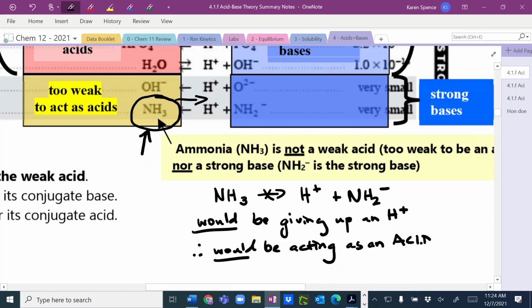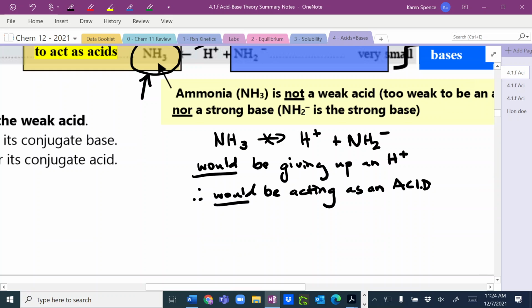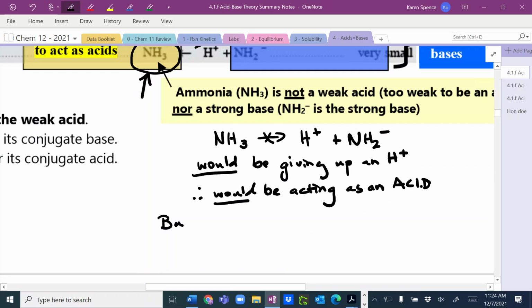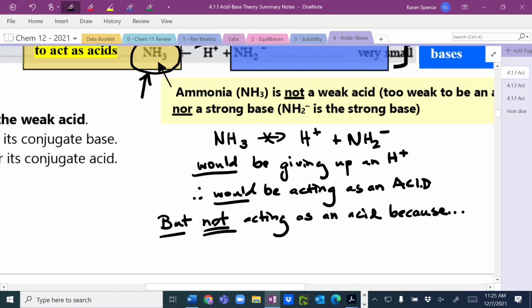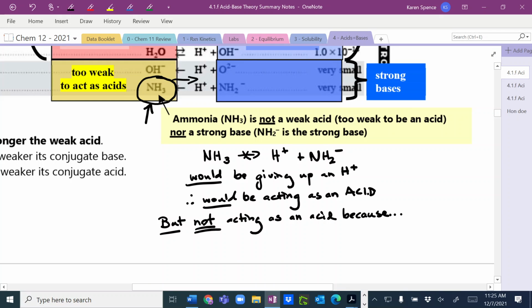But it's not acting as an acid because, why? Why is it not acting as an acid?